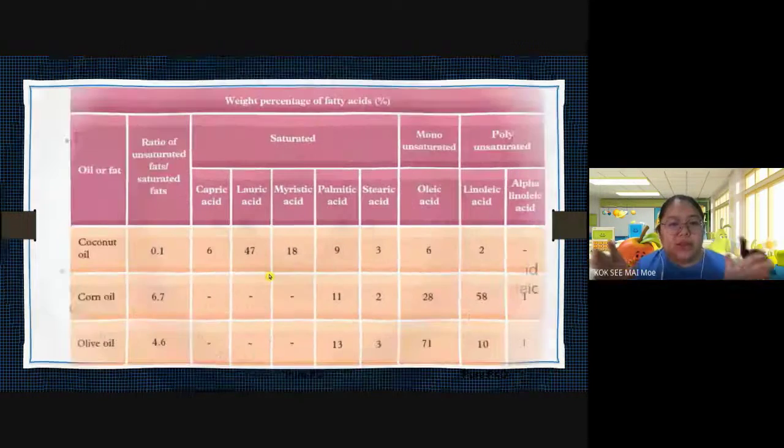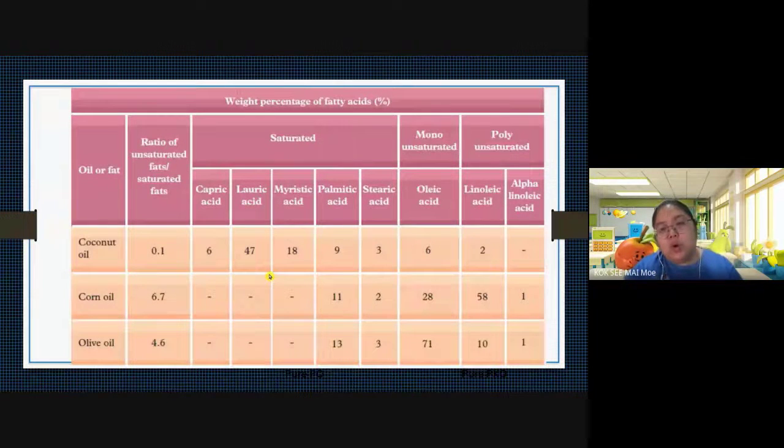Let's see this from your textbook. You can refer to your textbook. What they show you is the percentage of fatty acid in the palm oil. They separate it by coconut oil, how many saturated and unsaturated, corn oil, olive oil, all this ratio of unsaturated fat and also saturated fat.